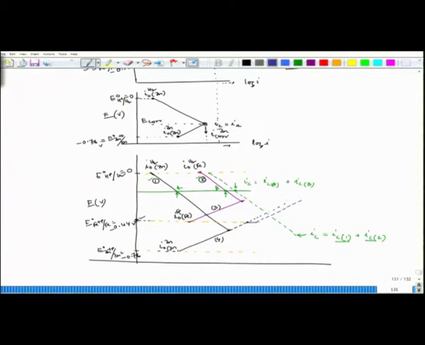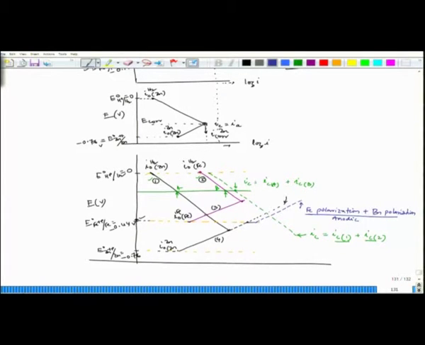This black line is the polarization line for zinc, and this blue line is the polarization line for iron, or anodic iron polarization plus zinc polarization, and here both are anodic.